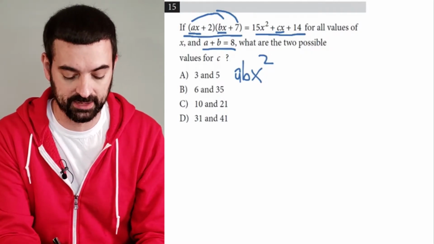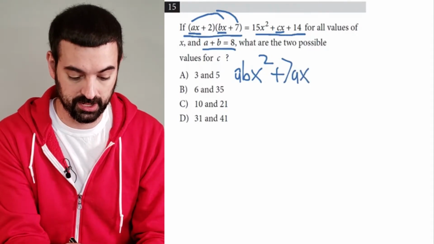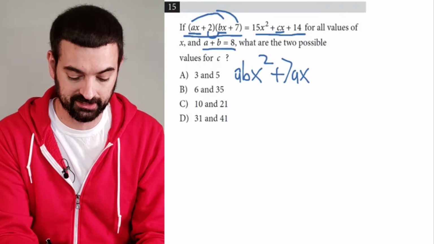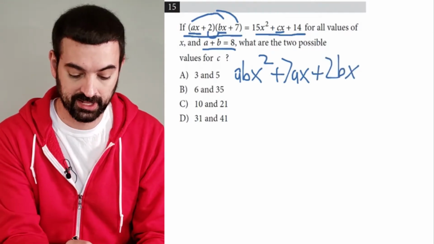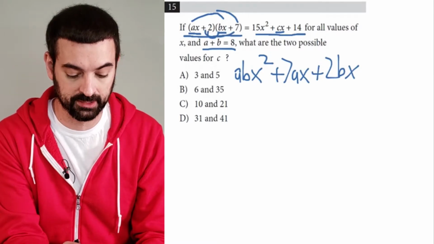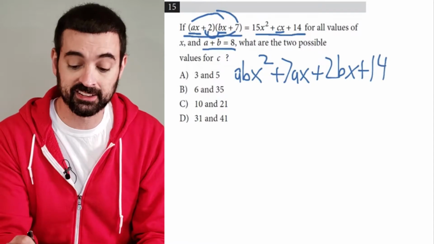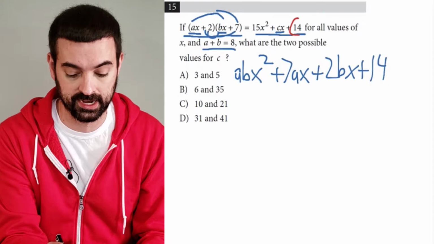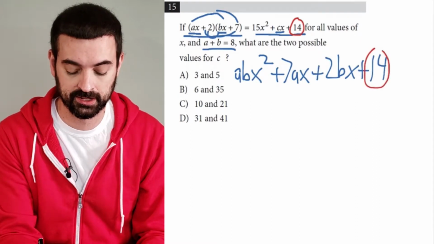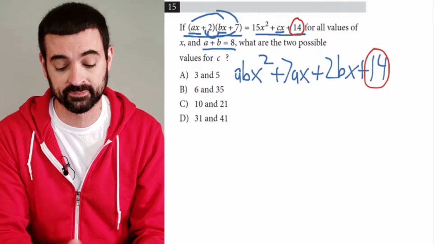Ax squared times 7 is 7ax. 2 times bx is 2bx. And lastly, 2 times 7 is 14. It's a nice little heads up that you're doing things correctly when your constants are the same. So our C terms are already correct. We know that 14 equals 14. That's nice.